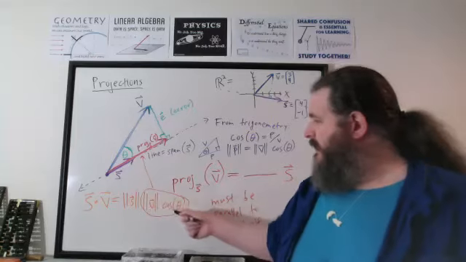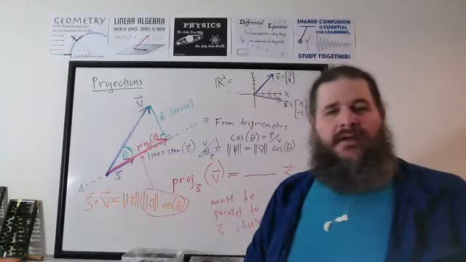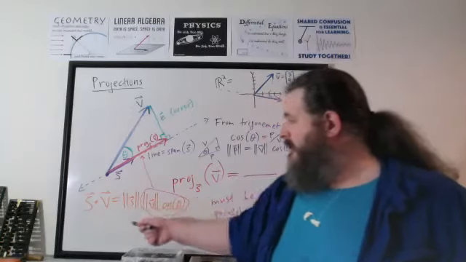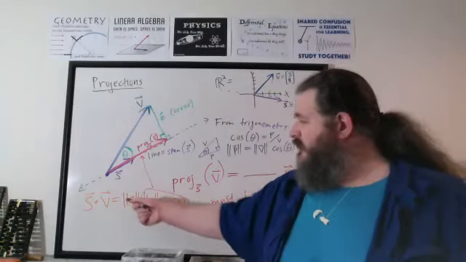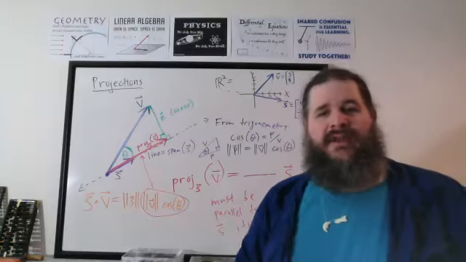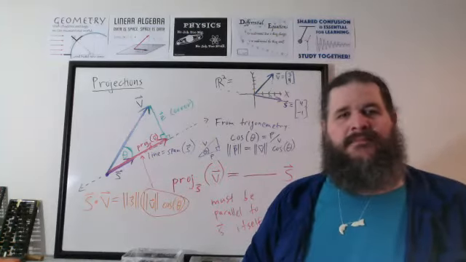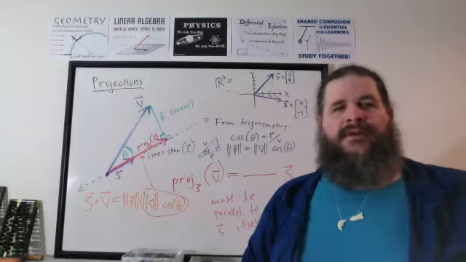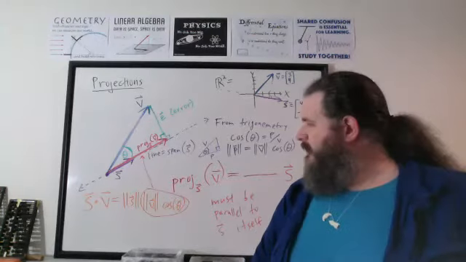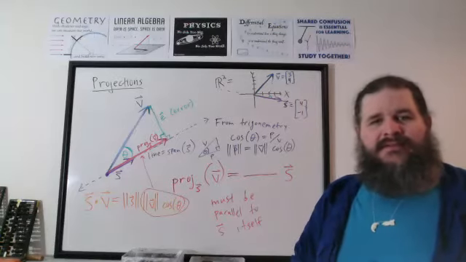If v cosine theta is the value we want, the magnitude that this side should have, but what we end up with from dot product is s times v times cosine theta, then we have this extra times s we don't want. How do you get rid of an extra times s? What's the opposite of multiplying by s?